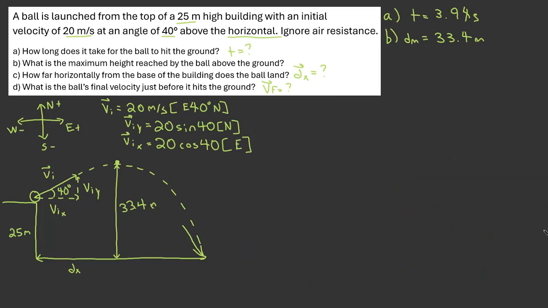Alright, so how far horizontally from the base of the building does the ball land? So that's going to be our dx, this distance here, our displacement in the x.